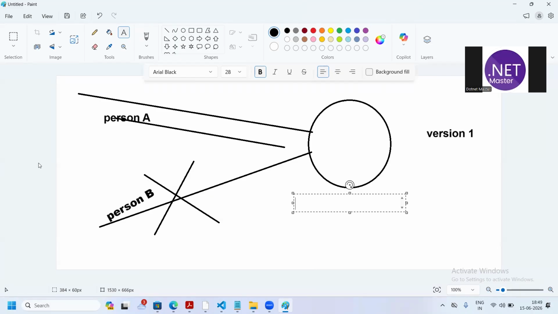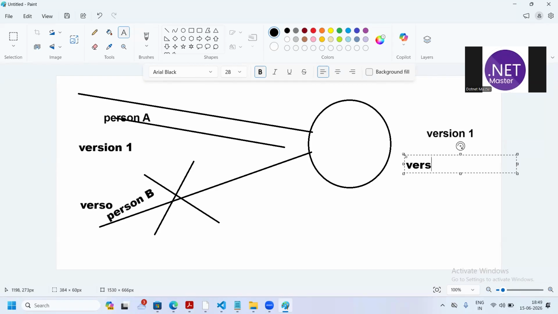Let me explain again. Let's suppose both persons have the same version: version 1 when initially it was there, version 1 for both person 1 and person 2. Now person 1 starts updating. Once person 1 has updated, it becomes version 2, and person B still has only version 1 data.